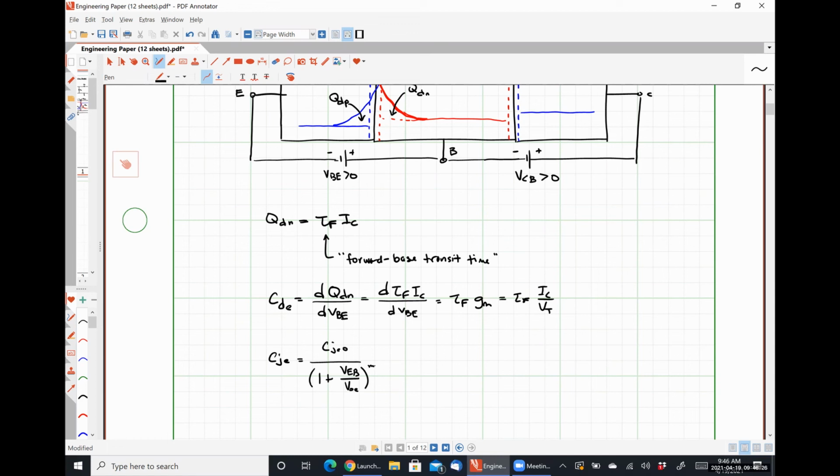where M is the grading coefficient of the junction, typically either 1/2 or 1/3, depending on if you have, let's see, I think 1/2 is for step junctions and 1/3 is for linearly graded junctions. I might be backwards on those, but it'll be okay. You'll always just be told what that is. Yes.